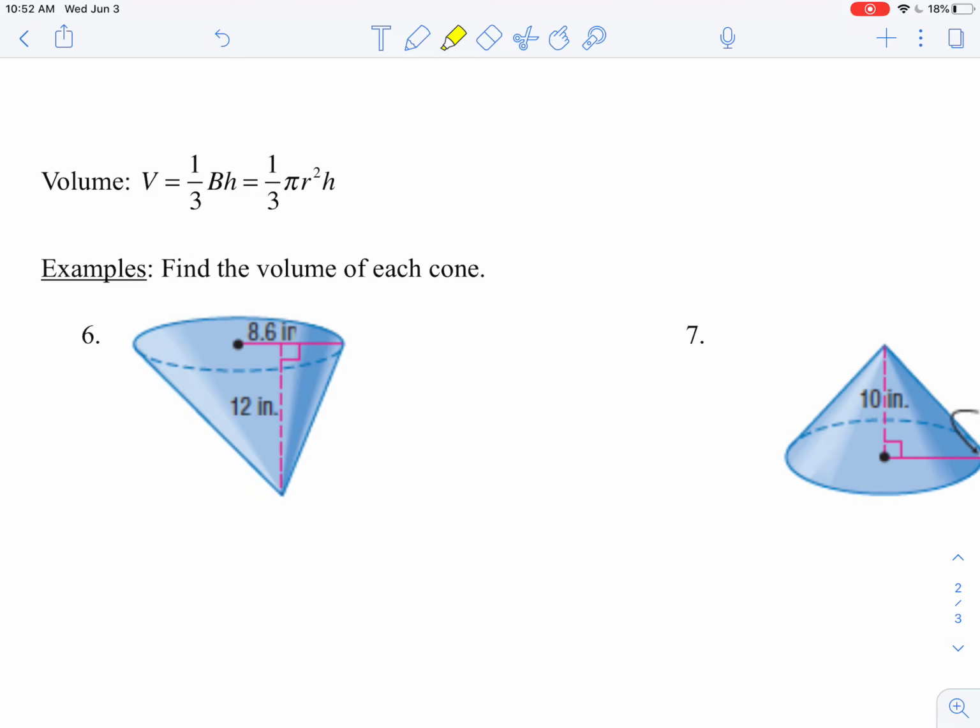But because every cone has a circular base, we also think of the formula as 1/3 pi r squared h. So make a mental note, this is now the normal height perpendicular to the base, no longer the slant height.